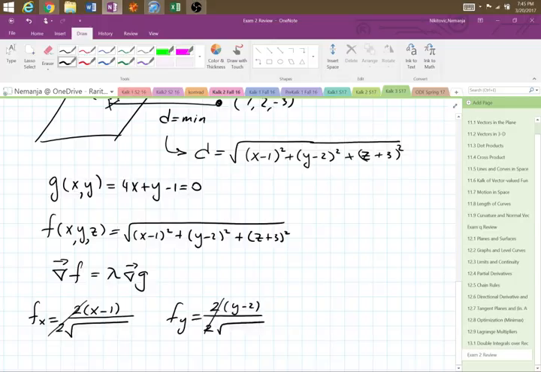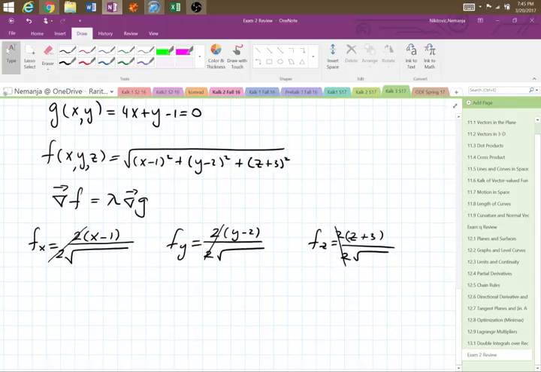These guys cancel. And fz is z plus 3 times 2 times the square root, and then these cancel. Gx is equal to 4. Gy is 1. And gz is 0.